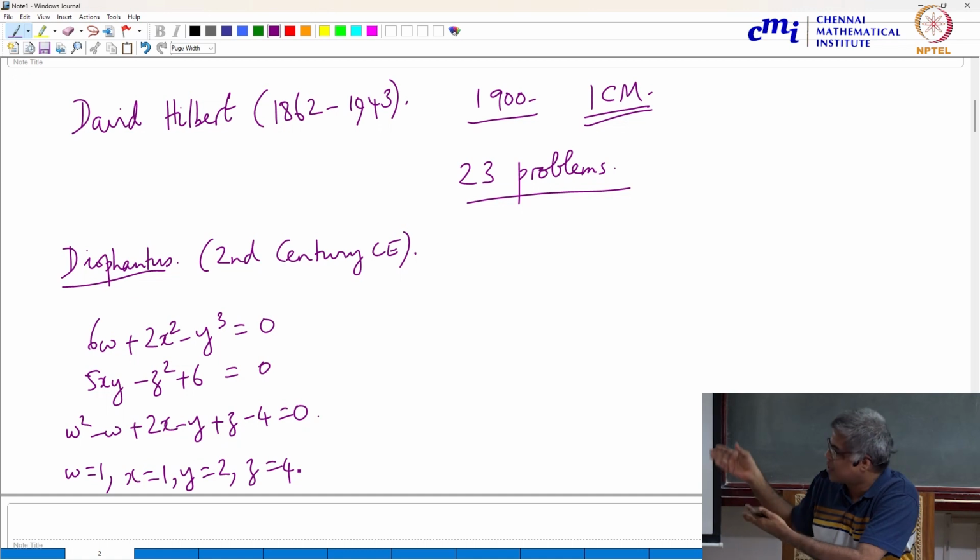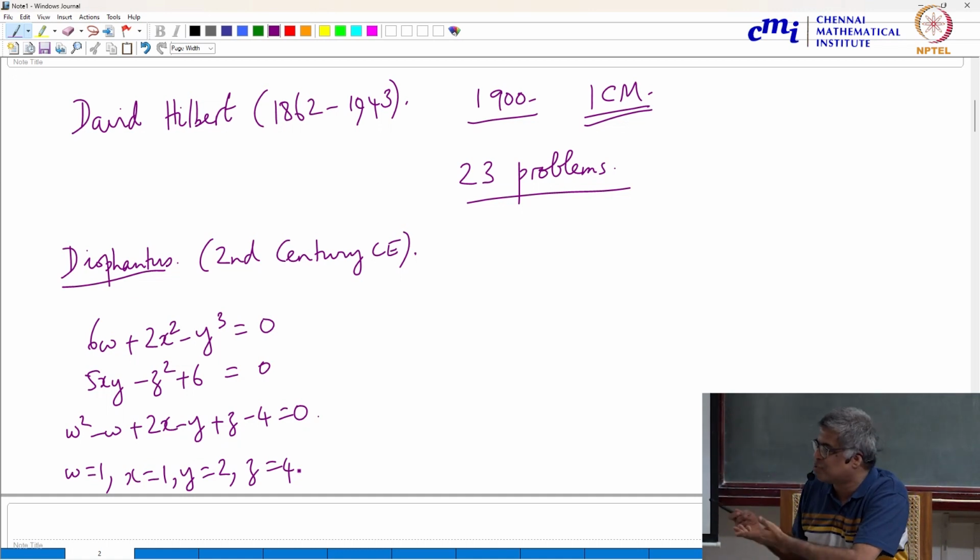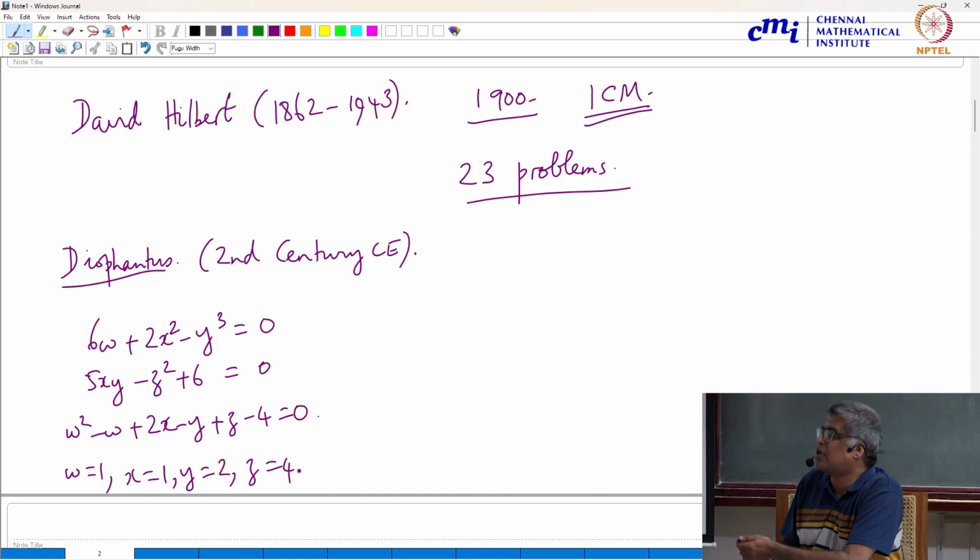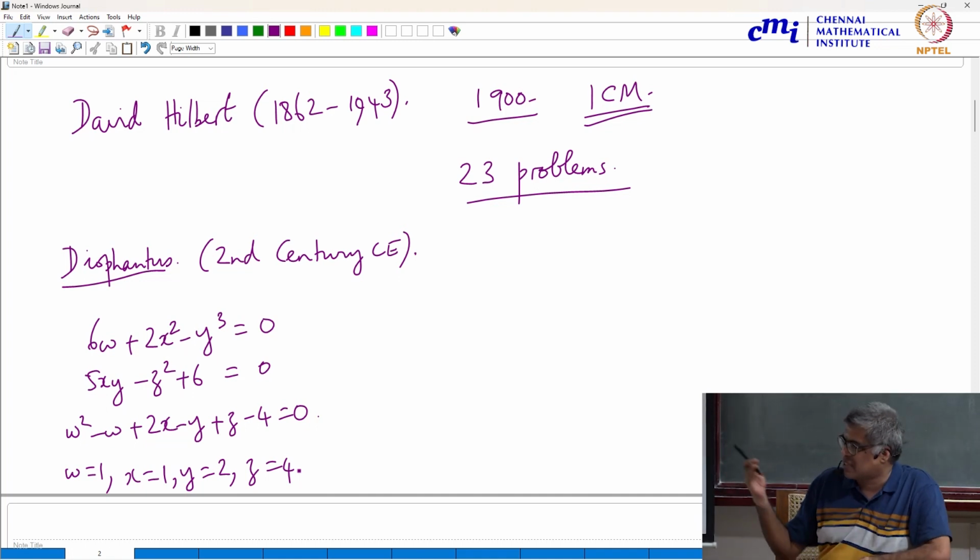You might satisfy some of these equations only when W is 1 million or whatever. So you don't know a priori how large the solutions are. You cannot have an algorithm which just goes through all numbers and checks one by one. So it won't be considered NP because the solutions could be very large. Anyway, that's just a side remark.